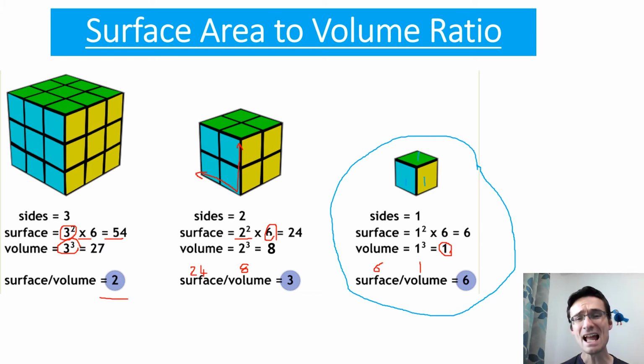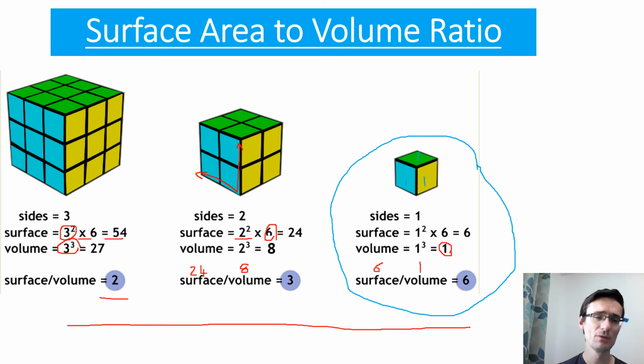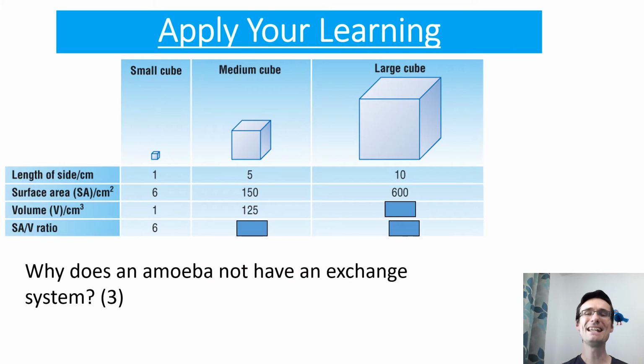So as you can see, as you go up this diagram here from smaller to larger organisms, if these represent organisms, your surface area to volume ratio gets smaller. So the bigger we are, the harder it is to get that oxygen. If you think about it in this cell, it'd be really hard to get the oxygen right into the middle of the volume. The bigger we are, we need a way of adapting to have a bigger surface area.